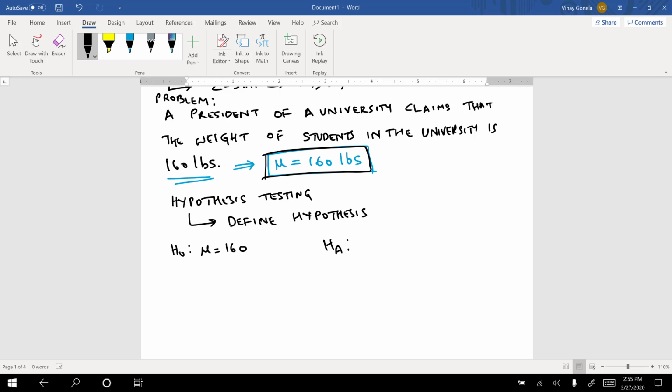Your alternative, so if the null is equal to 160, the alternative will be not equal to 160. Again, the president claims that it's 160, so the null should be equal to 160, and the alternative would be not equal to 160.